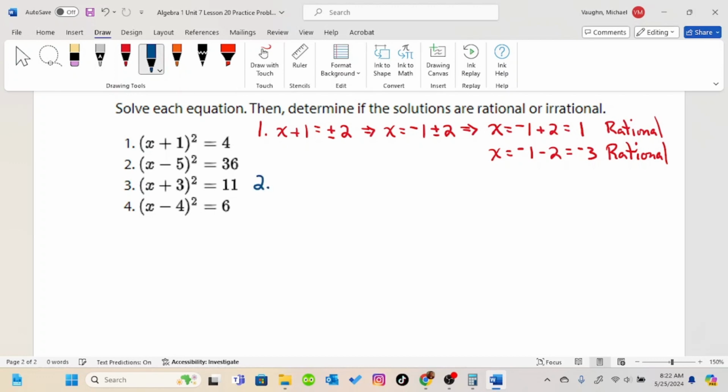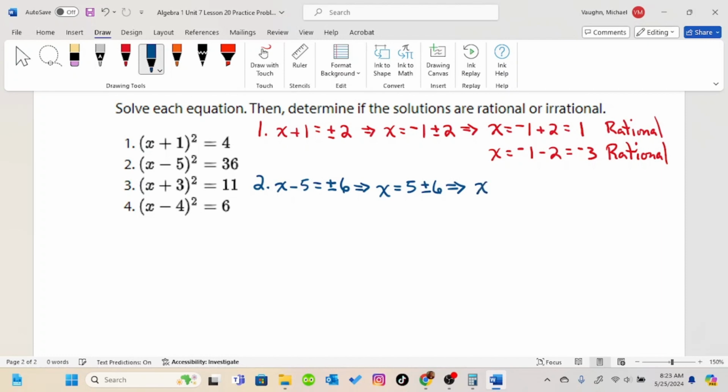Number 2. We're going to take the square root of both sides, and we have x minus 5 equals plus or minus 6. To get x by itself, we're going to add 5 to both sides. So we have x equals 5 plus or minus 6.